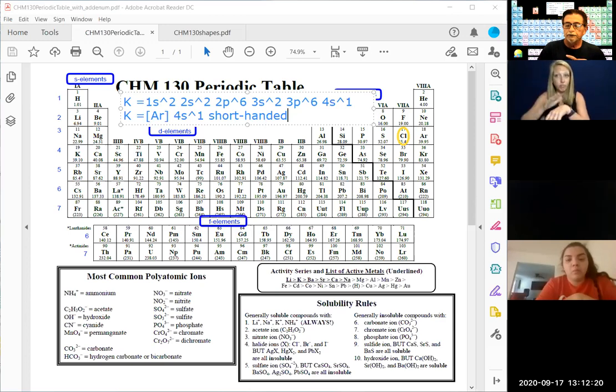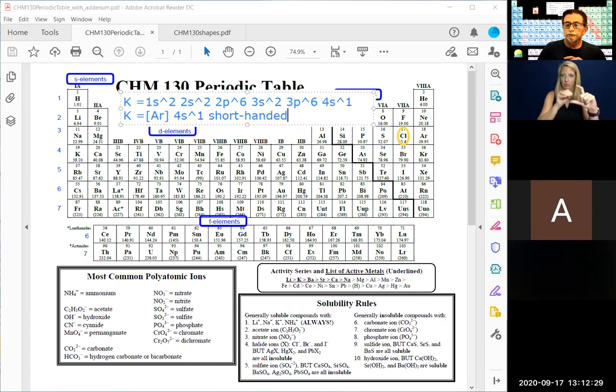And the thing to remember is make sure you put the bracket around the noble gas. So when you use shorthand, it's always going to be a noble gas, the closest noble gas.